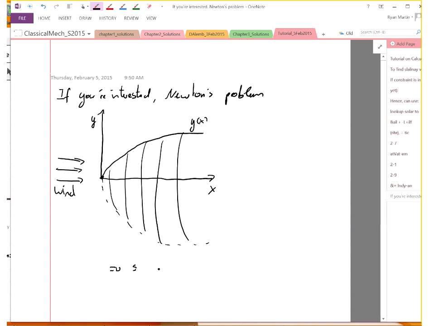And so the problem is to find the shape of the nose of an airplane. That is again a calculus of variation problem where you write out the total wind resistance, or the total force from the wind, as an integral, and then you'll find the shape of the front of an airplane, which is kind of neat. And Newton was the first to do that.